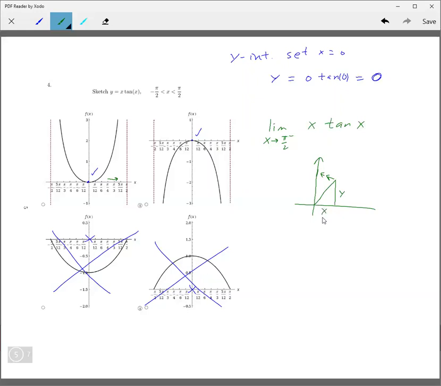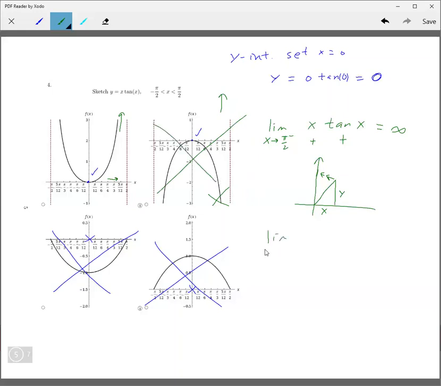So that's going to infinity. But in the first quadrant here, which is where we're approaching from, tangent is always positive. X is always positive too, because it's between 0 and pi over 2. So those numbers are all positive. So that means that's going to go to infinity, which is going up that way. So that's wrong, because it's got to come up this way. That means this graph is all wrong.